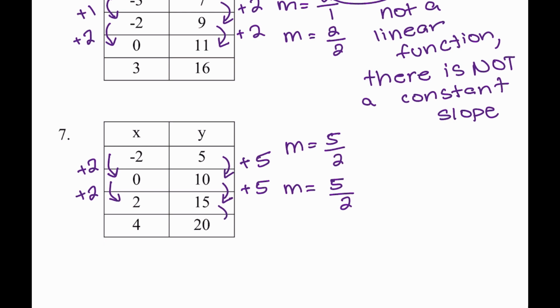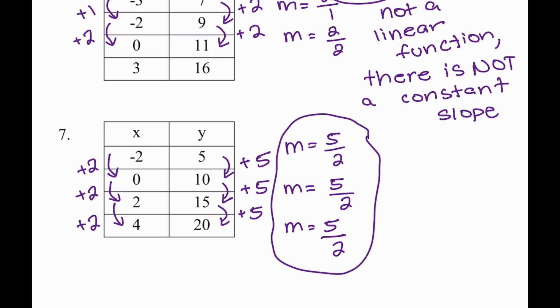And to go from 15 to 20, I add 5. And from 2 to 4, I add 2. And so that is the slope, 5/2. The slope was the same all the way through the table. So this is a linear function. It has a constant slope.